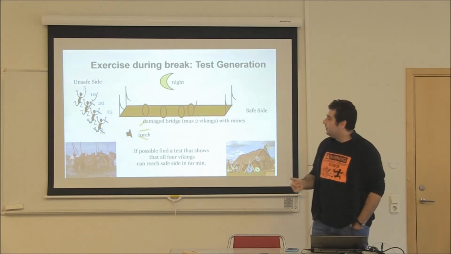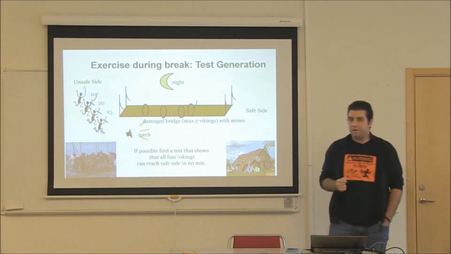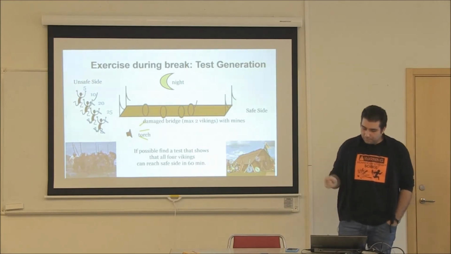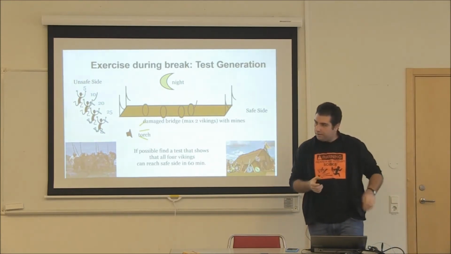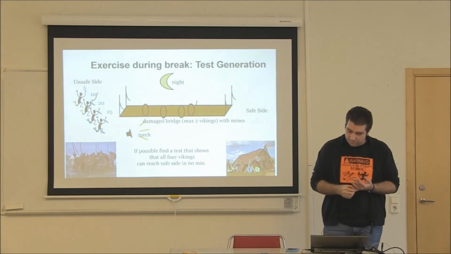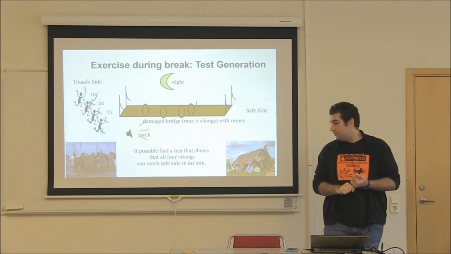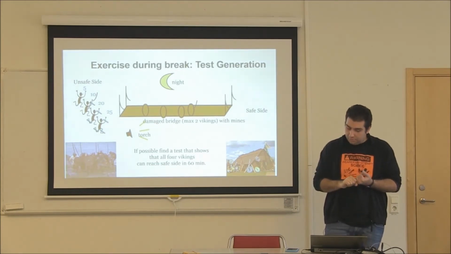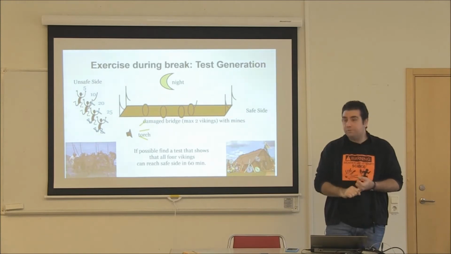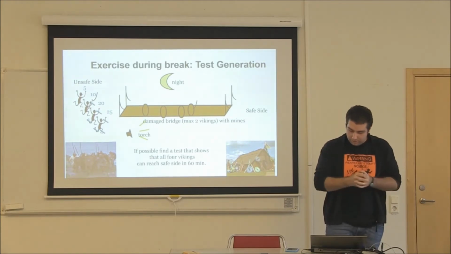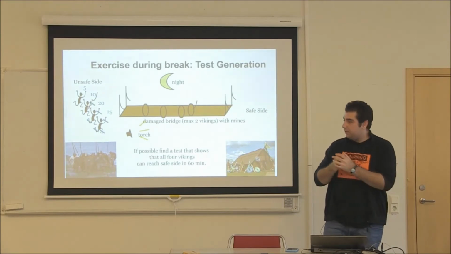The healthiest one can take 5 minutes to cross the bridge. So every Viking takes a different time to cross, and one Viking can be faster than another. The bridge can carry only 2 Vikings at the same time, and they need to get the torch, and they have only one.